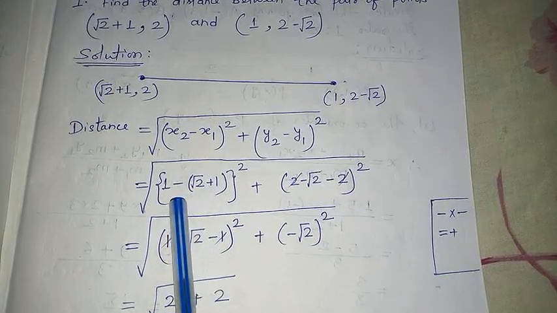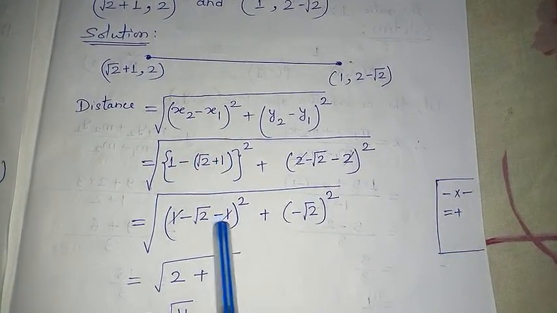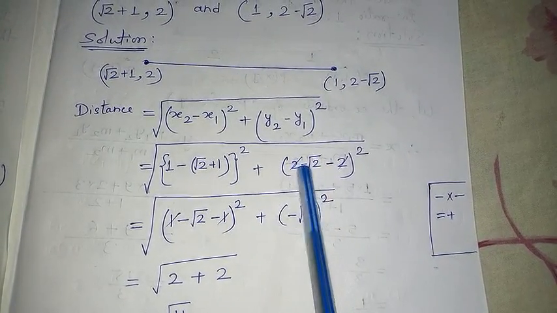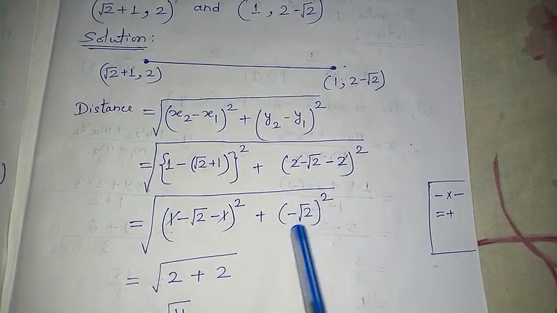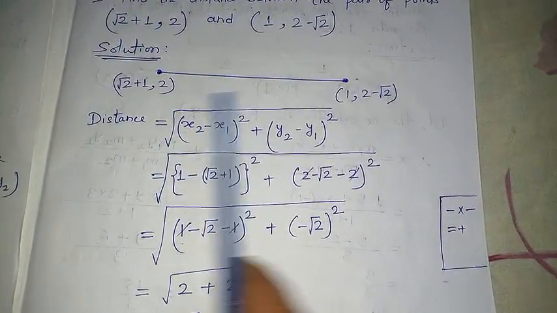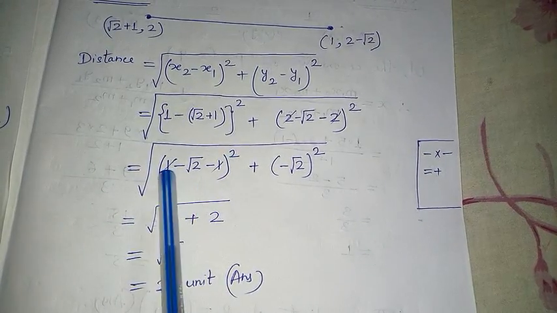Now I will open the bracket: 1 minus √2 minus 1, whole square, plus 2 cancelled with minus 2, so minus √2 whole square, all under the root. I forgot to say the root is also in the formula. Here 1 got cancelled because of plus minus.